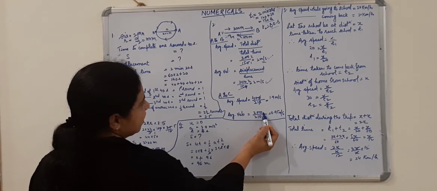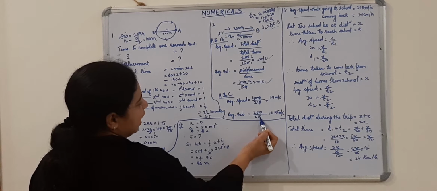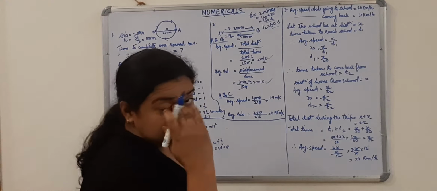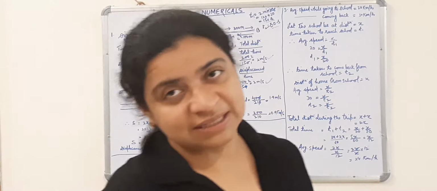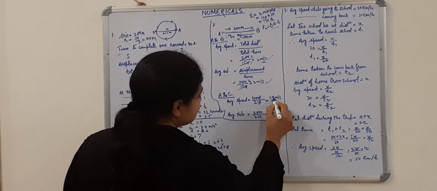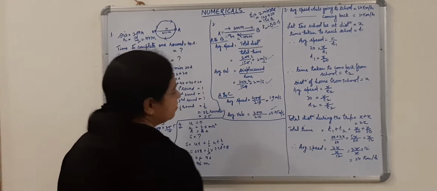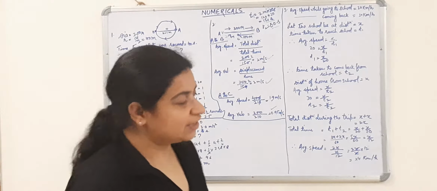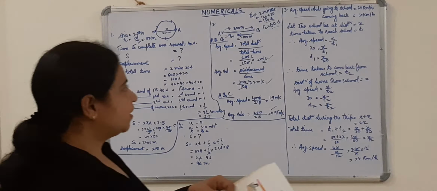Displacement in this case is 200 meters, and time is the same, that is 210. Now I got the answer 0.95 meters per second. You can see that distance is different and displacement is different, so average speed and average velocity are different in this case. I hope it is clear.